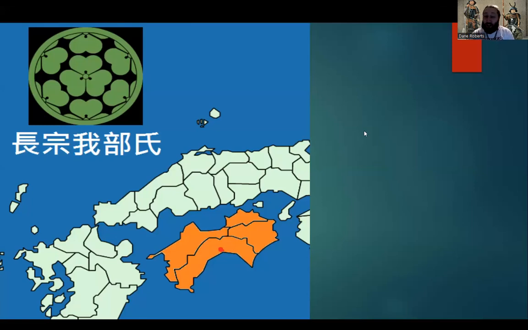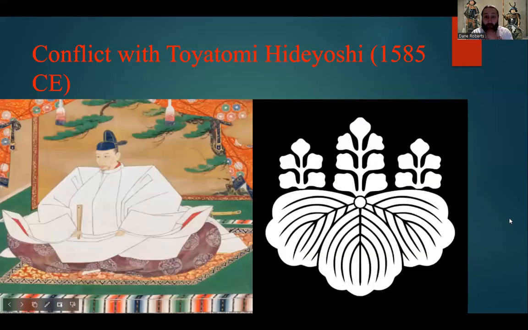However, much like with all the other daimyo that we've talked about, eventually this unification would bring the Chosakabe clan into conflict with a far more powerful daimyo. In this case, it brought the Chosakabe clan into conflict with the successor to Oda Nobunaga, Toyotomi Hideyoshi.